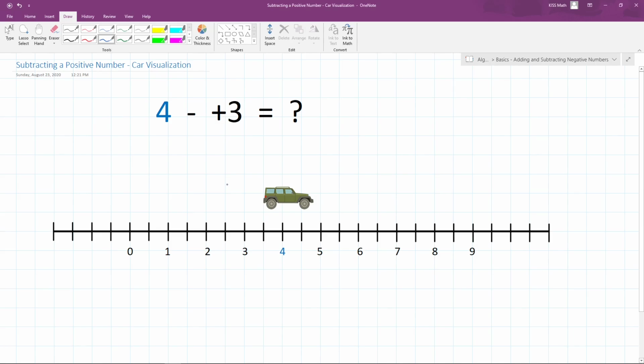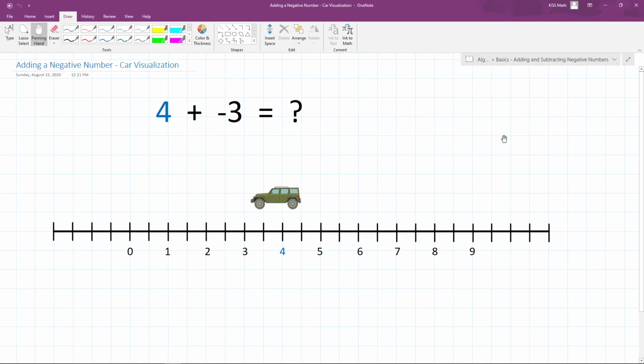So this car will move backwards 3 steps and will end up at 1. Again, we don't have to write the positive sign on this 3. We can just write 4 minus 3 equals 1.